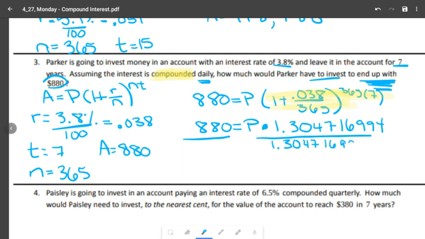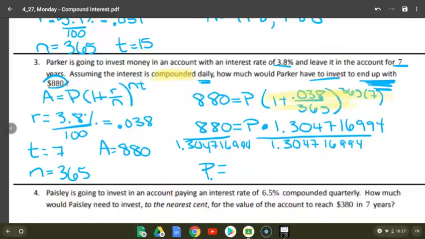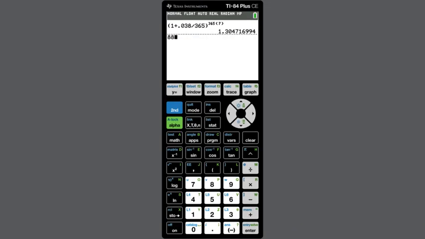And again, like I said, it's annoying, but you are using the entire decimal. So we get P equals, and on the calculator, we're going to do 880 divided by the entire decimal.